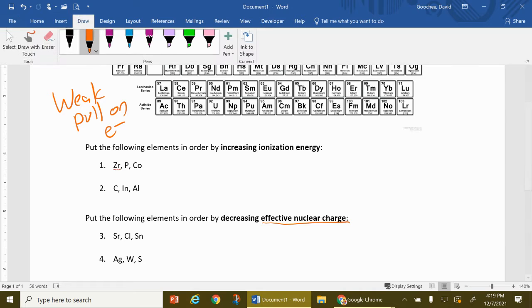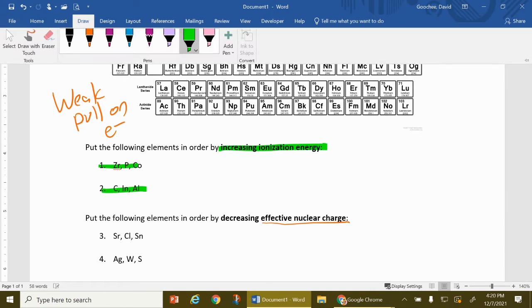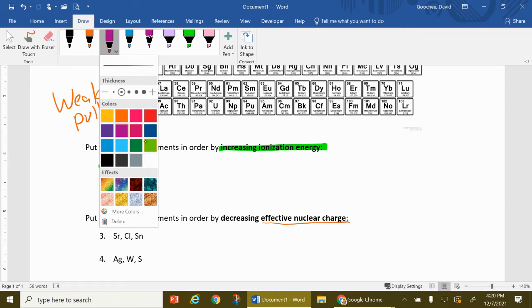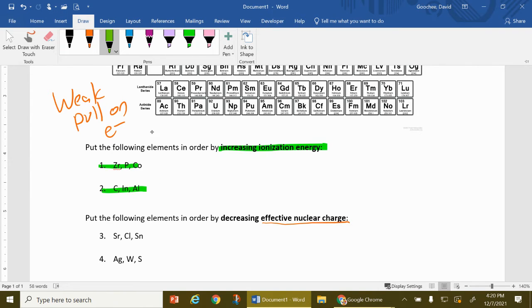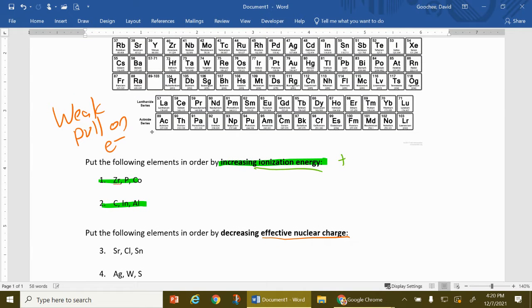Now let's take a look at this. We want to put these elements in order of increasing ionization energy. So let's first figure out what that trend looks like. Ionization energy is the energy it takes to tear away an electron.